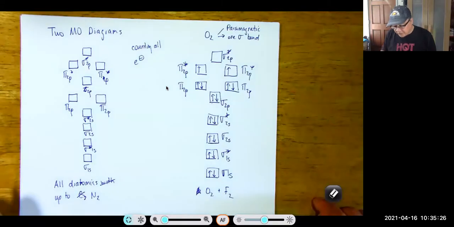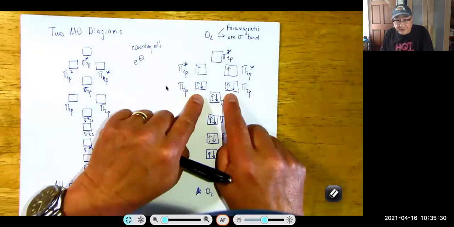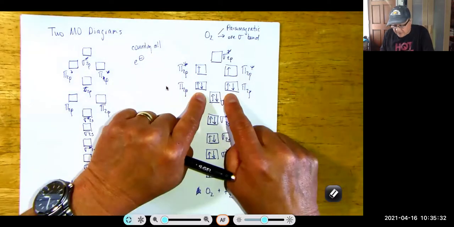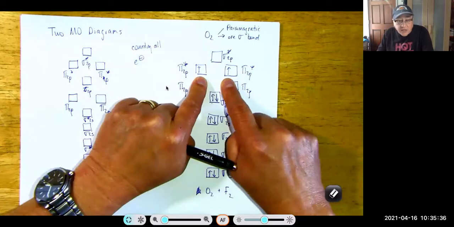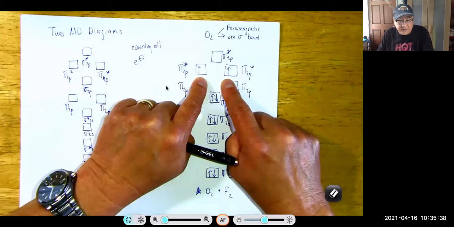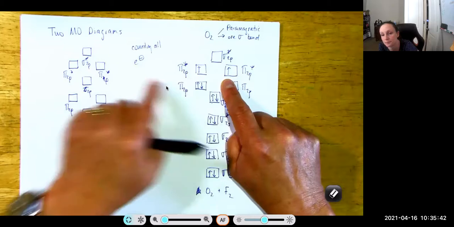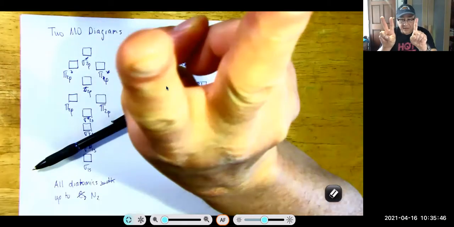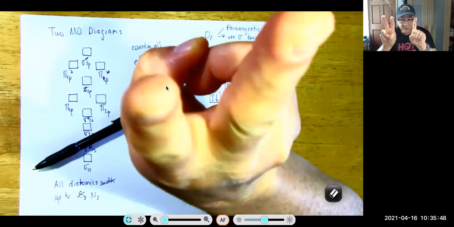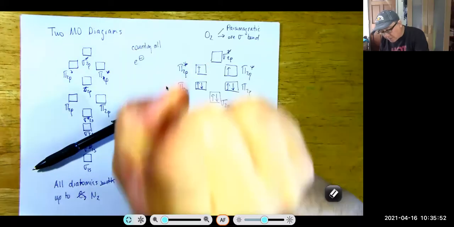Okay. So do you see that we have here 2 pi bonds? But you see that we have, when we add these together, 1 anti-bond, right? So when you have 2 pi bonds, but 1 canceled pi bond, how many do you have total? Just one left. So this has 1 pi bond.